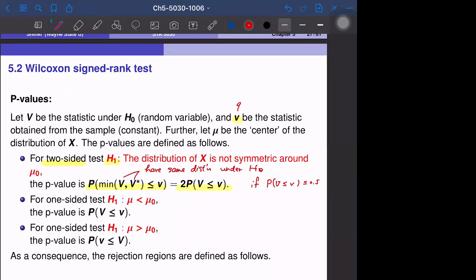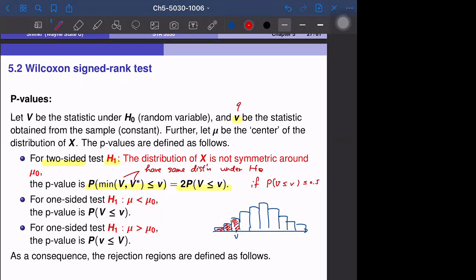So that's the p-value. The idea is that the distribution of V is here. We don't really know what distribution it has. It's a discrete distribution, so we have this kind of distribution of V. If we have observed lowercase v, then the p-value is this side and also this side.